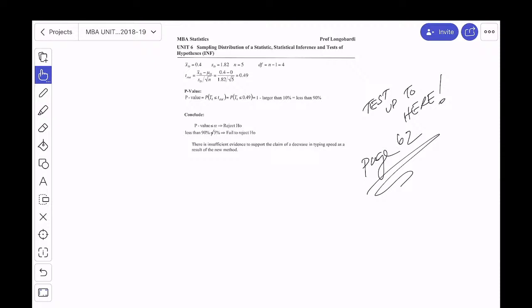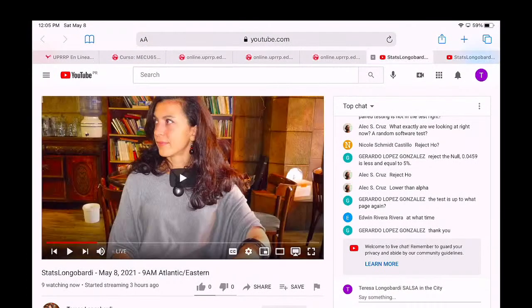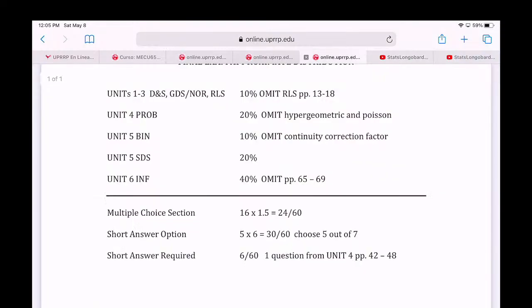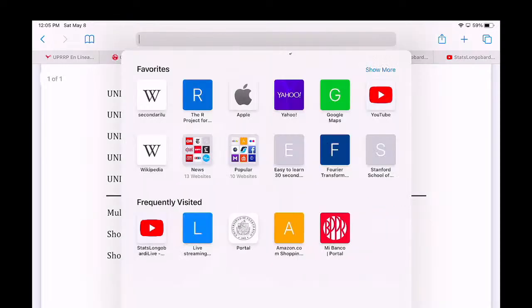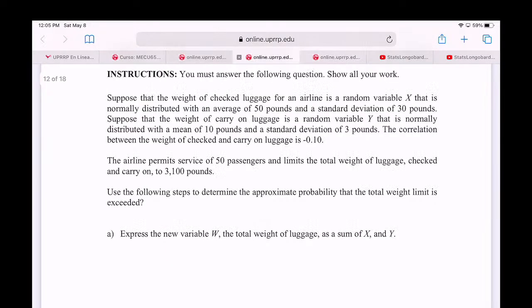The time for the test is from 9 a.m. We agreed 9 a.m. till 6 p.m. And I described the format, which is already available. This is the format of the test, and this is found in Moodle.